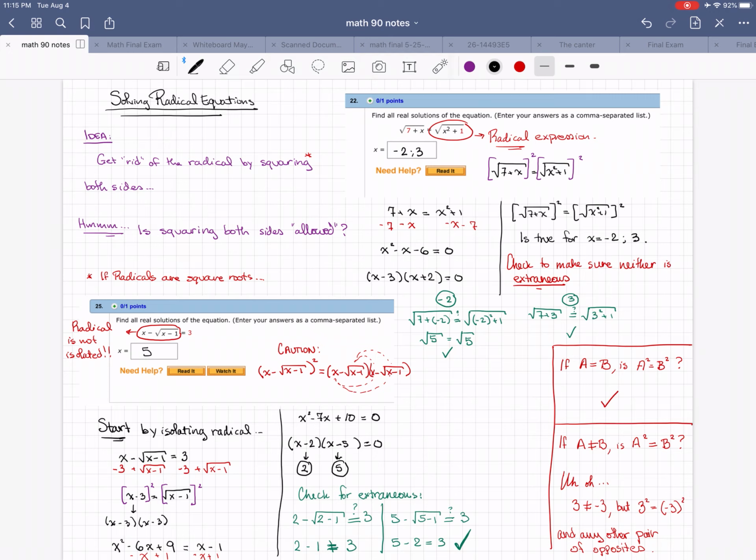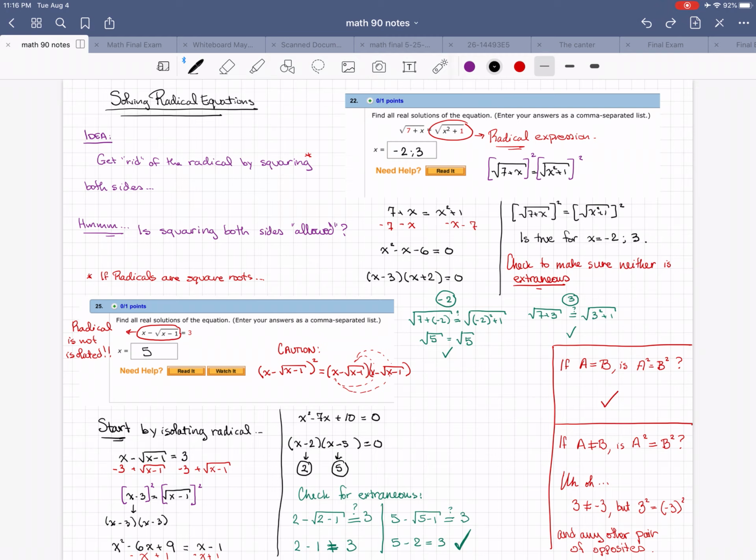So really quick recap. To solve radical equations, we are going to get rid of the radical by squaring both sides. Of course, that's if we have square roots, which for our purposes we generally will. And then after we square both sides, we solve the resulting equation, which has no more radicals in it.